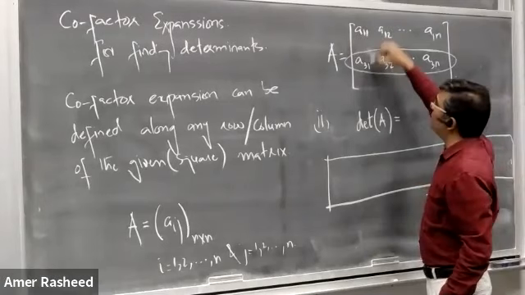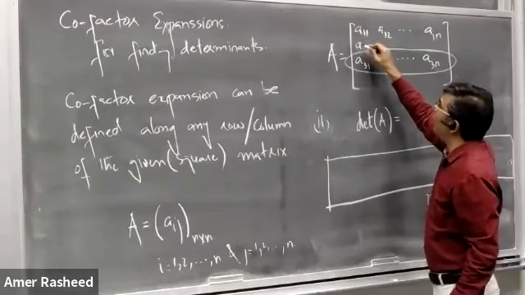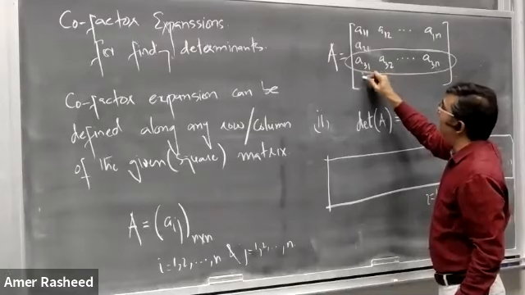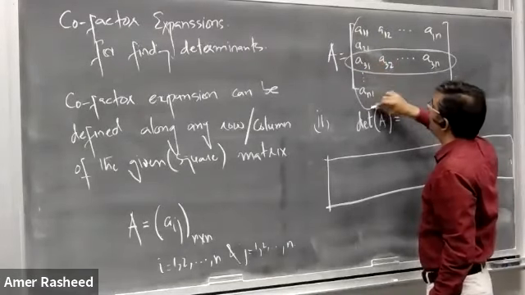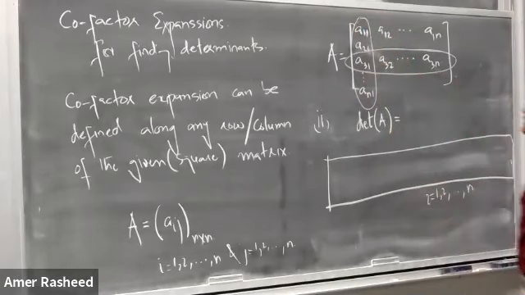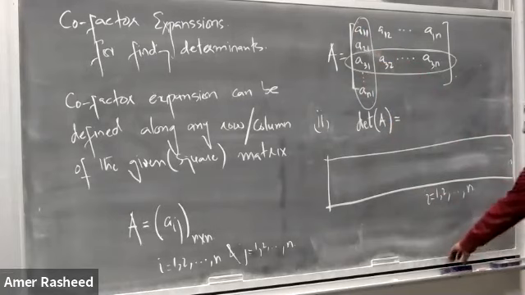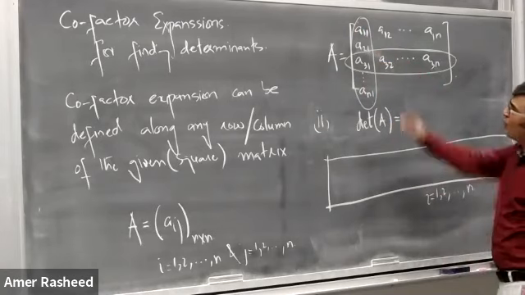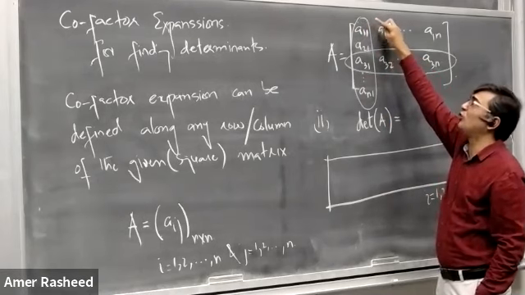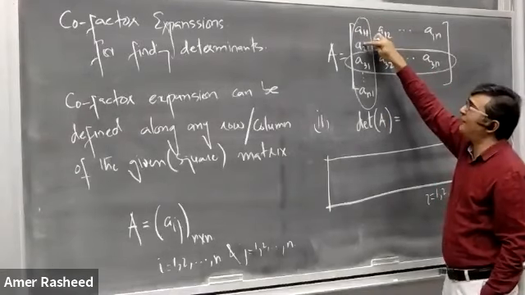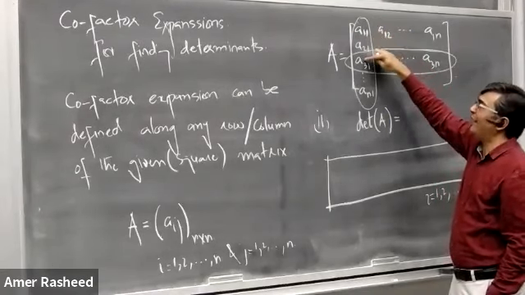Now, this is your column. Now, it has A21, A31, and so on. The last entry is An1. So now this is your first column. You are going to define a cofactor expansion along the first column. Okay. Then how do we define it? You just multiply this element with its corresponding cofactor, this element with its corresponding cofactor, and so on.